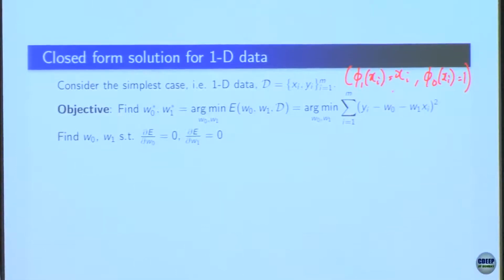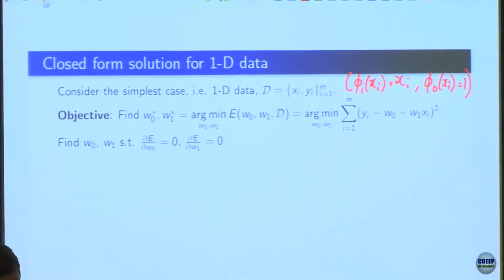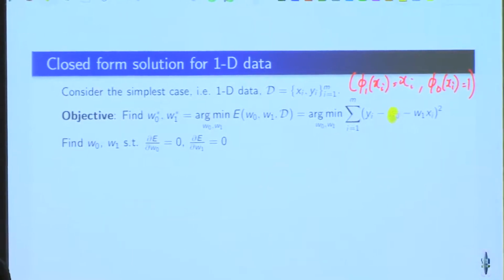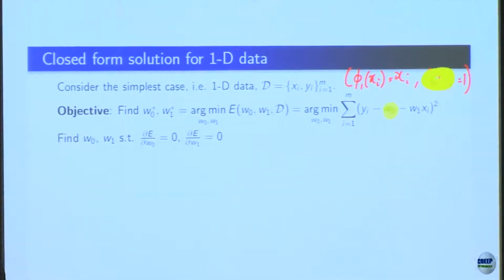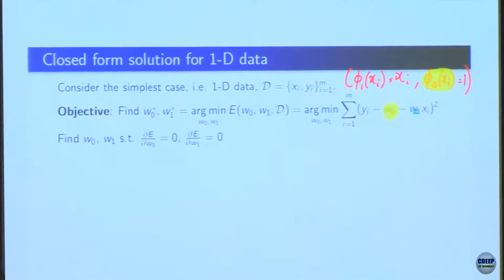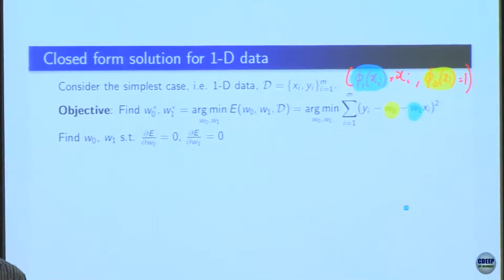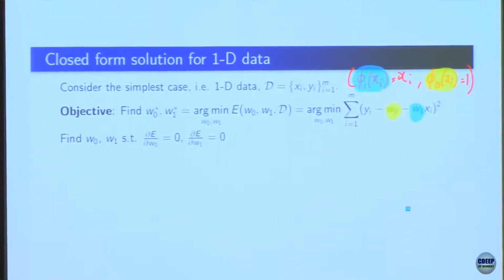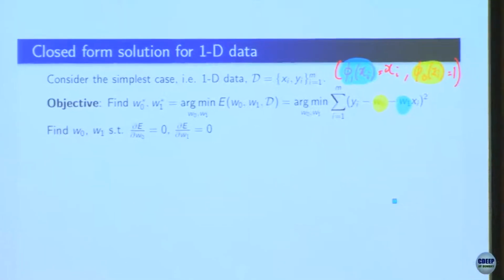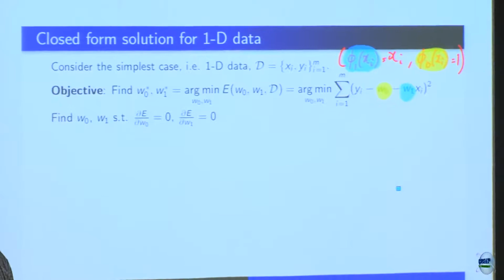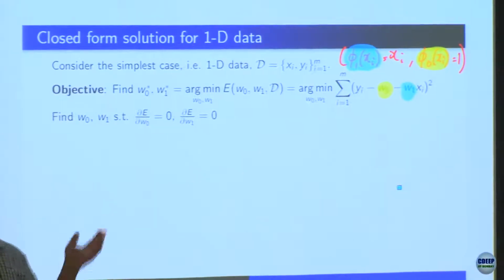So you'll have the corresponding weights, W0 corresponding to phi 0 and W1 corresponding to phi 1. Right? So let's try and solve this. You all know that you could minimize this by setting the partial derivatives to 0. So why don't we solve this?